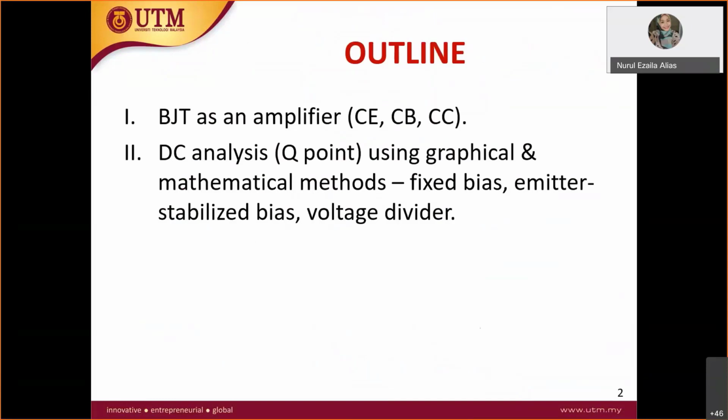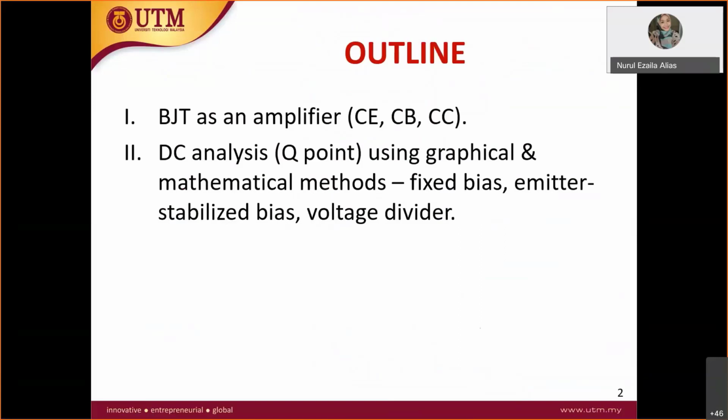So BJT as an amplifier has 3 types: common emitter, common base, and common collector. Again, same as the diode, we have to analyze it using the mathematical method and also the graphical method.